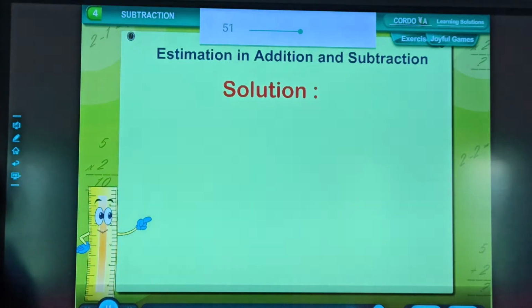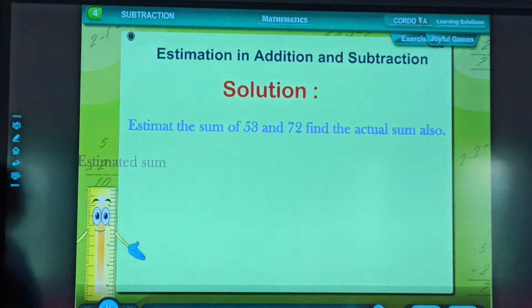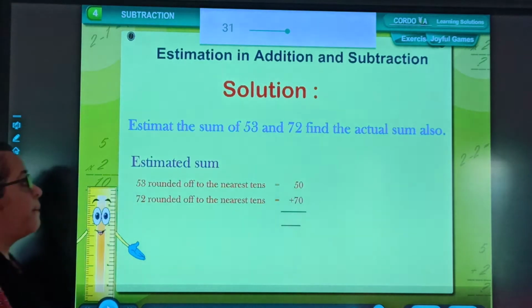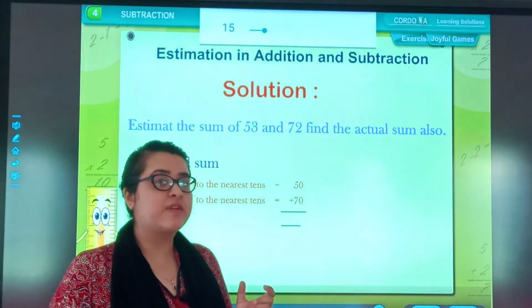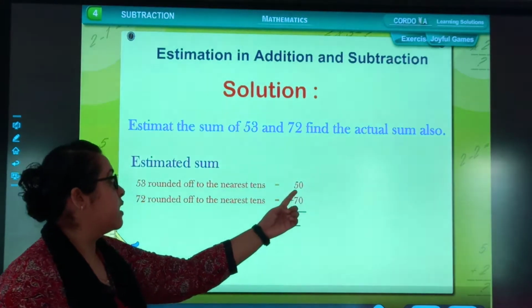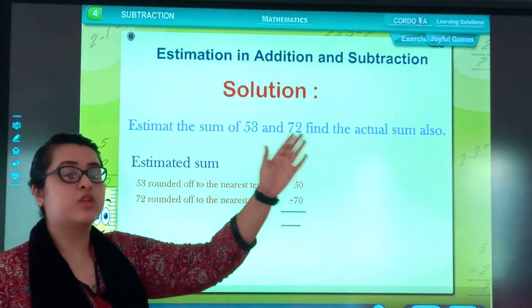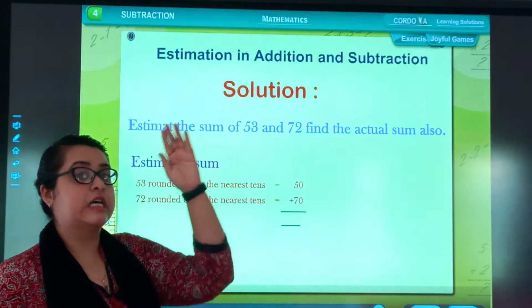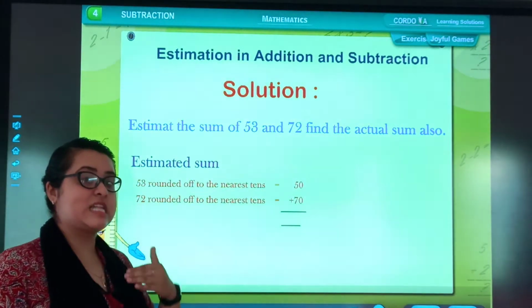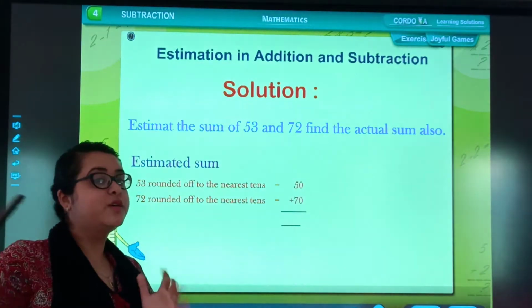Estimated sum: 53 rounded off to the nearest tens. See students, remember, हम जब भी tens वाला round off करना होता है, we usually focus on ones. अगर ones 5 से बड़ा होता तो हम 60 लेते, अगर ones 5 से छोटा है तो हम 50 लेंगे. 3 is less than 5, so we will round off to 50.